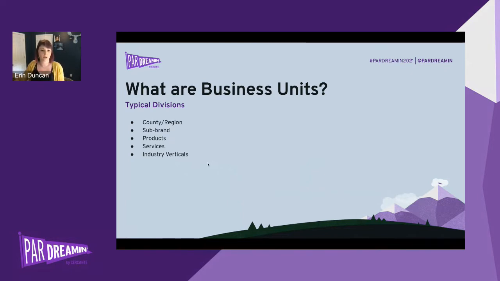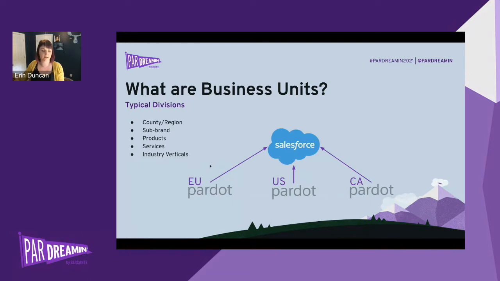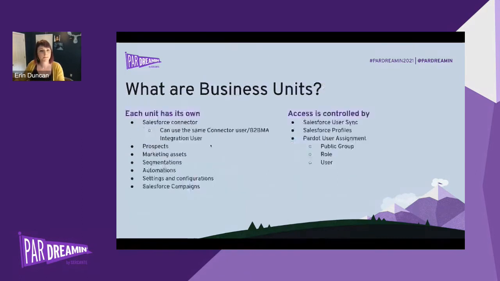So just for the examples that I'll give, I'm going to say that we have 3 business units split up by regions. We've got a Europe, a United States, and a Canada business unit. So each business unit has its own Salesforce connector.